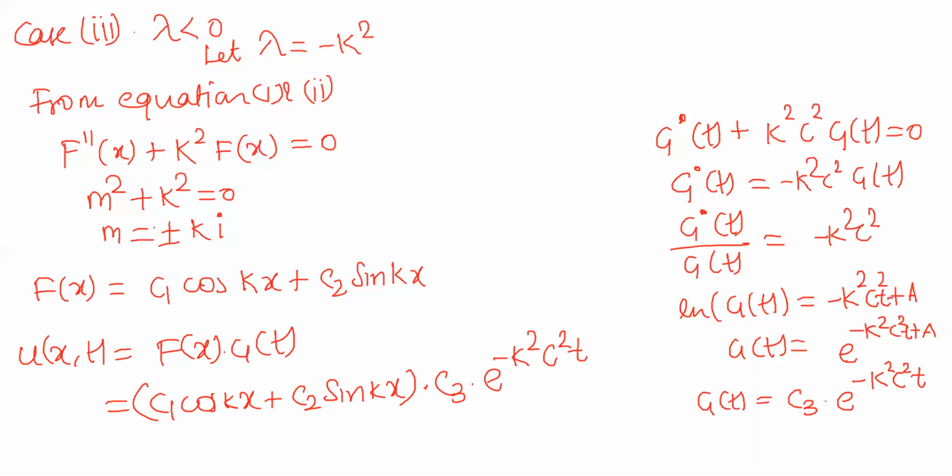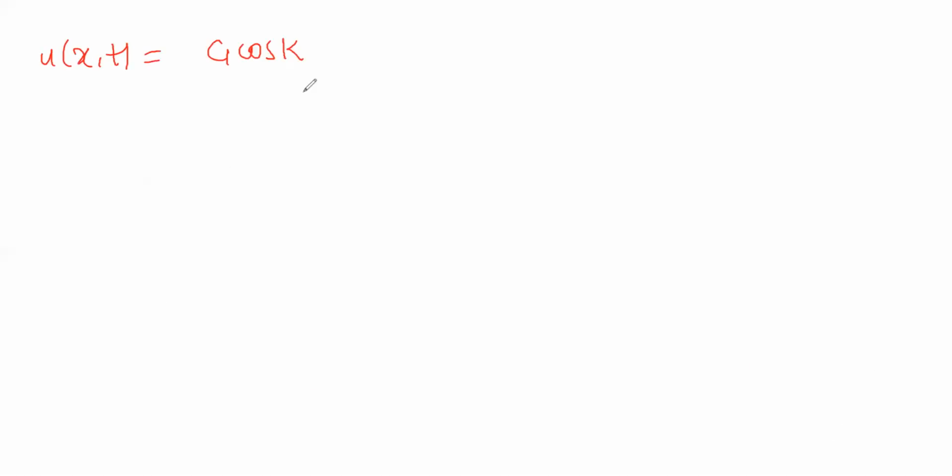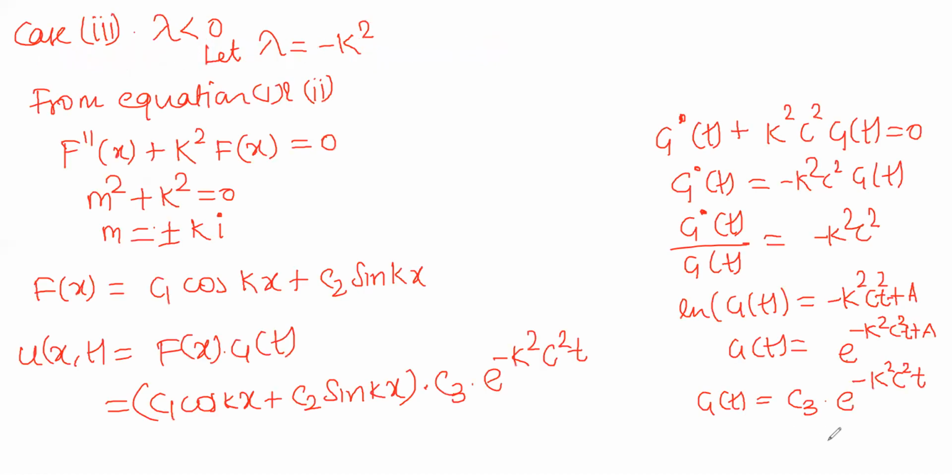So let's begin. How to deal with the boundary conditions so far. So my u of x,t is nothing but c1 cos kx plus c2 sine kx into c3 times e power minus k square c square t.